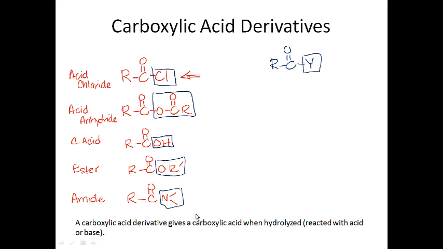So hydrolysis will take the amide to the carboxylic acid, the ester to the carboxylic acid, the anhydride to the carboxylic acid, and the acid chloride to the carboxylic acid. So every single one of these carboxylic acid derivatives can be converted to a carboxylic acid. And we'll talk about those mechanisms as we go along over the next couple lectures, of what the mechanism of hydrolysis is as well.